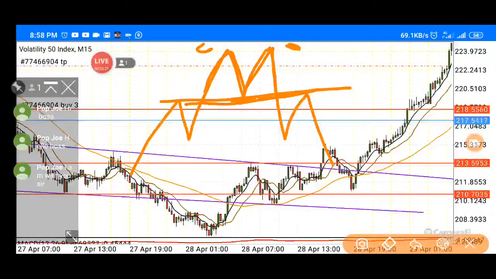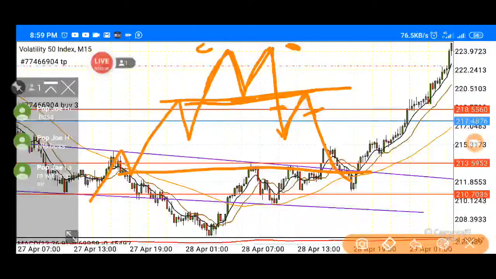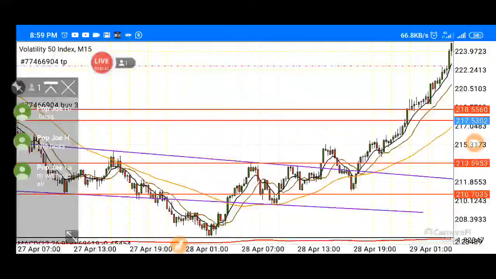As for the aggressive traders, you enter immediately after this breakout, and for the conservative, you wait for a retest and bounce, then you enter here, then you TP some, maybe somewhere around here. It's the same thing for double bottom.